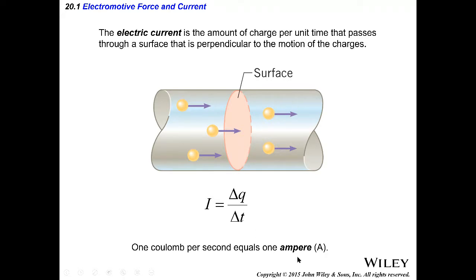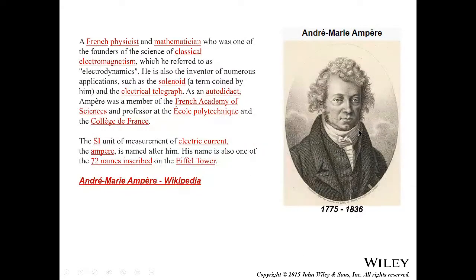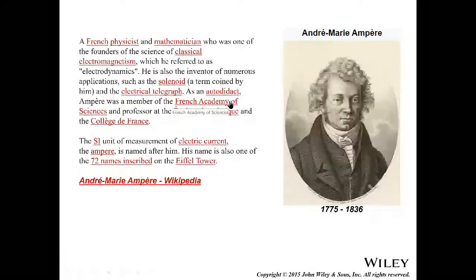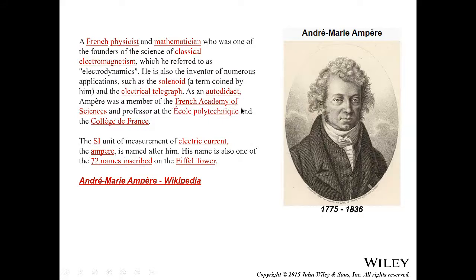And the unit is the ampere, named after this French physicist who is an autodidact, somebody who taught himself, self-taught. He's really a very good inventor, and he gave the language of what you call classical electromagnetism. So we are dealing with electric currents named after Ampere.